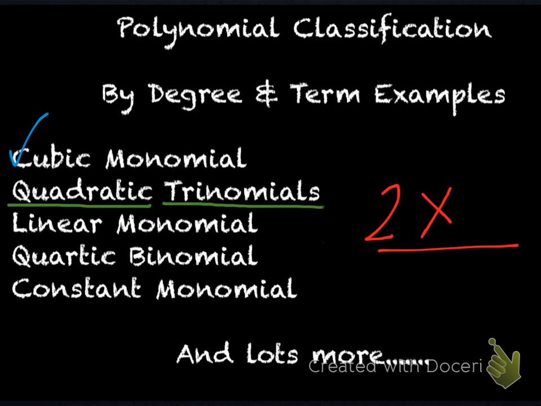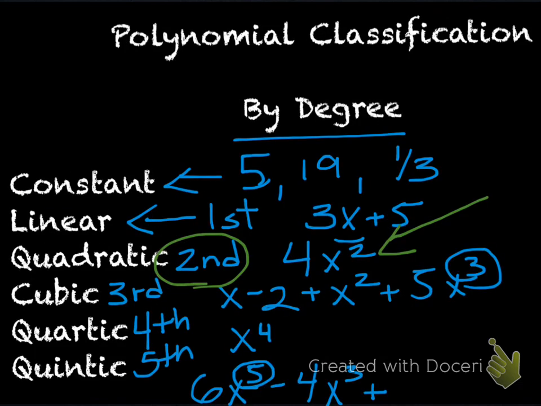Let me go to quartic binomial. All right, here we go, quartic binomial. I'm ready for you. Binomial meaning 2 terms. Quartic meaning your highest degree. Want to go back? 4th. Okay, so highest degree is 4.